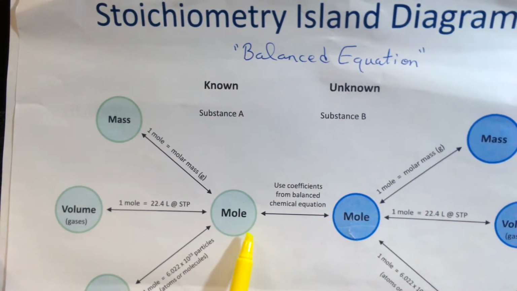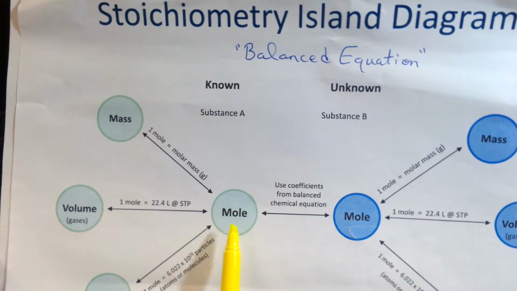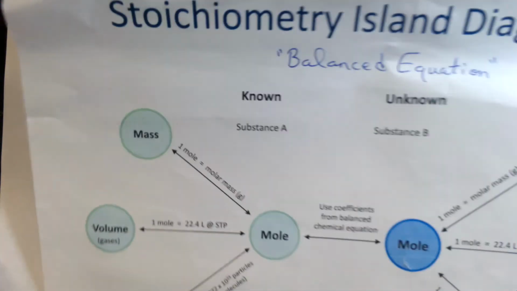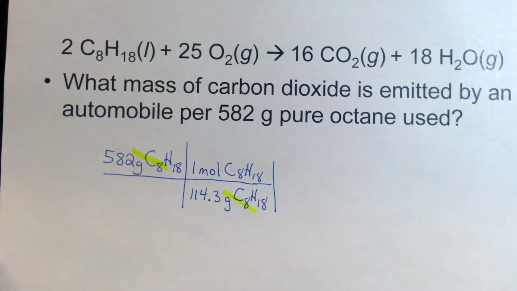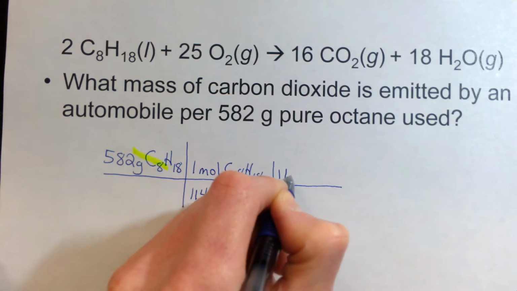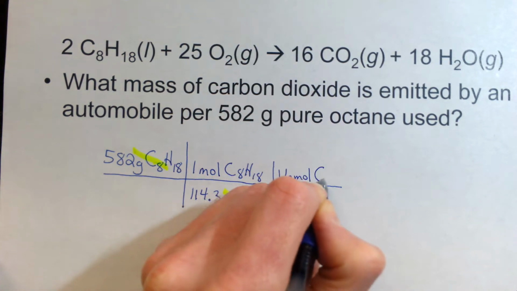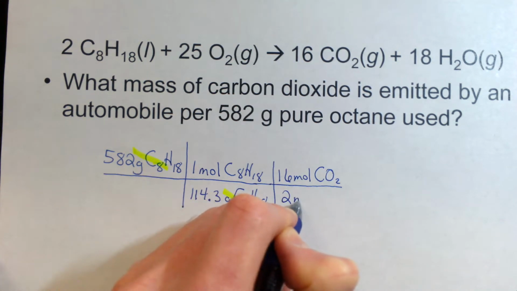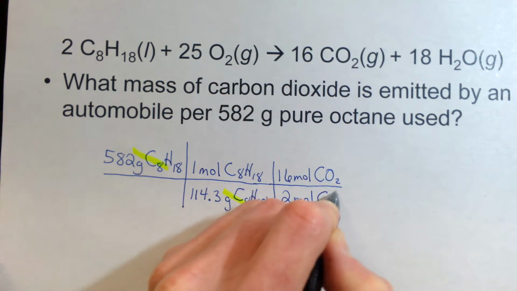Now we'll continue on and go from moles to moles, from the known octane to the unknown carbon dioxide. We use the coefficients from the balanced equation to get a mole ratio. So we have 16 moles of carbon dioxide come from 2 moles of octane.